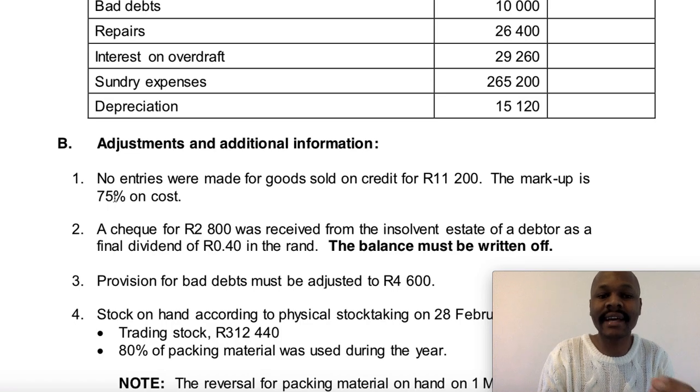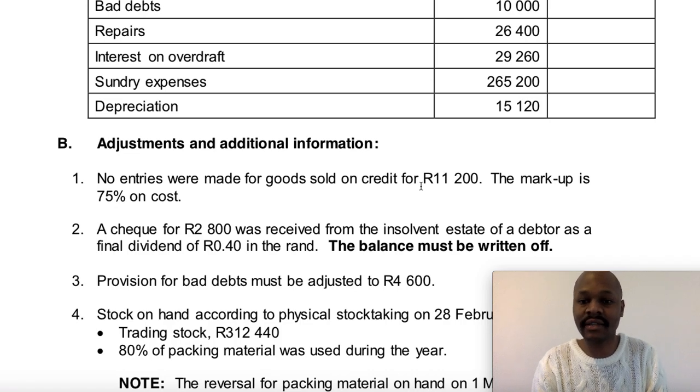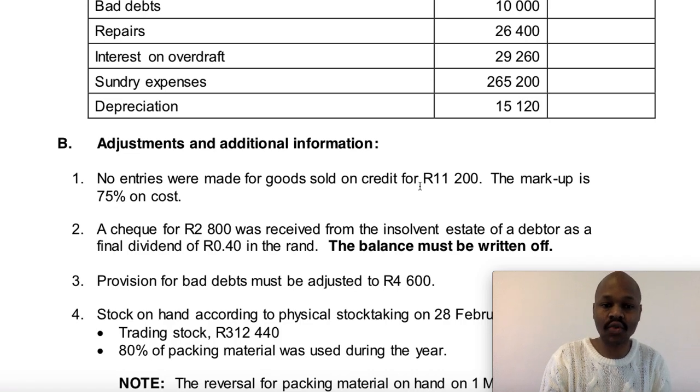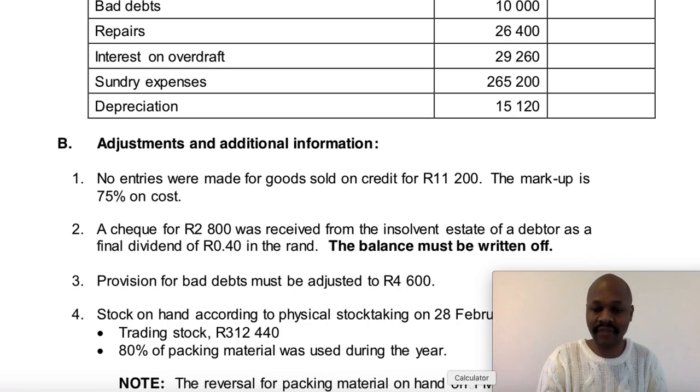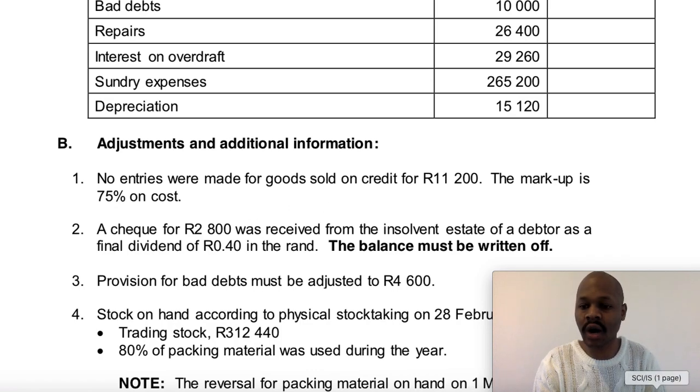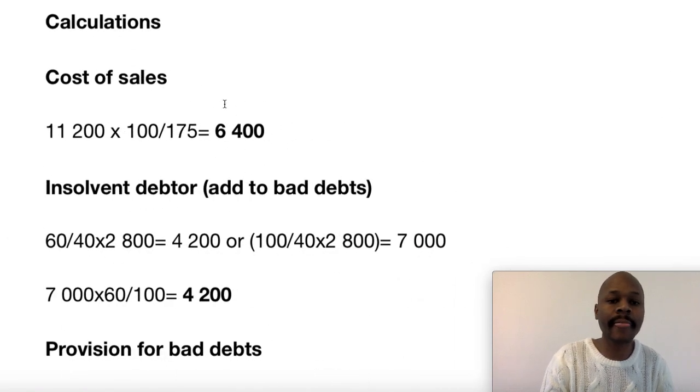You add whatever percentage markup you are given to 100, and it will give you the selling price. In this case, we are given the selling price. In accounting, what you are looking for becomes your numerator and what you have is your denominator. So when you want the cost price, your selling price will be your denominator, which is 175. So we are looking for 100 over 175.